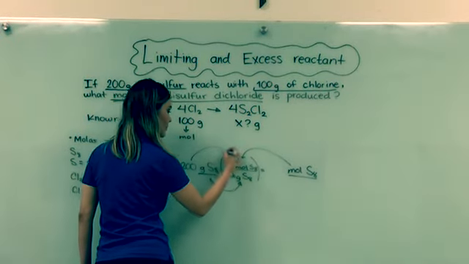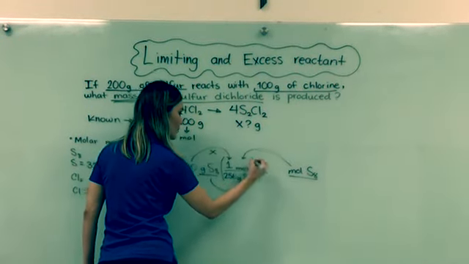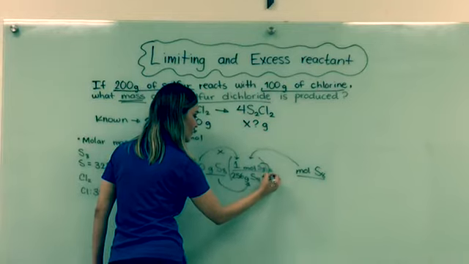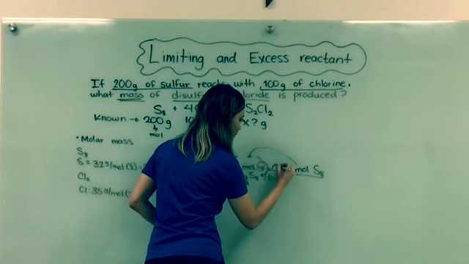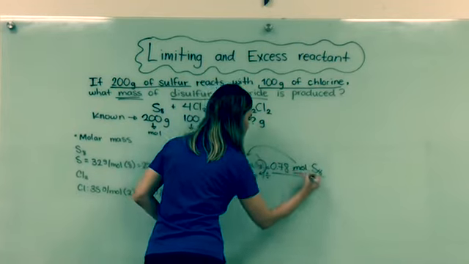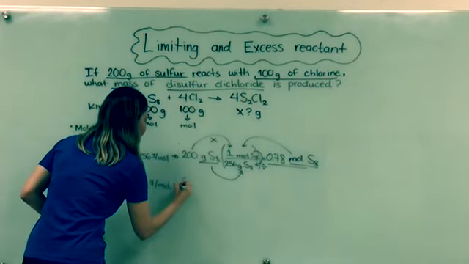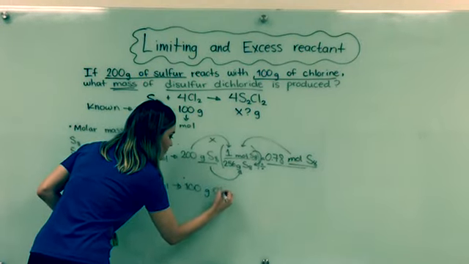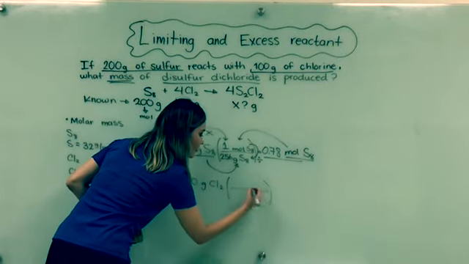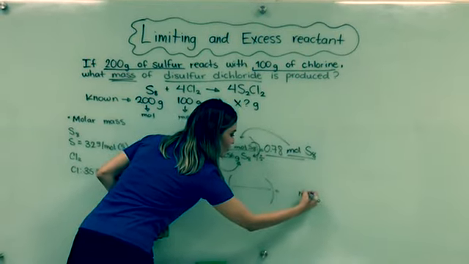So in here we'll proceed the same way as before, 200 grams times 1 divided by 256, and it gives us a result of 0.78 moles of S8. Now we change the 100 grams of chlorine into moles of chlorine. We do exactly the same thing.